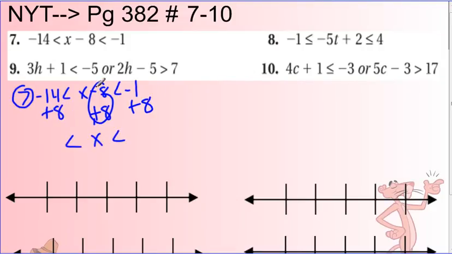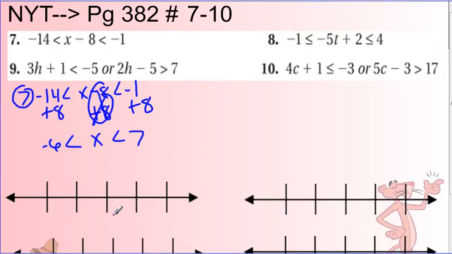So these canceled out in the middle. We have x is less than 7 on this side, and x is greater than negative 6. 6 and 8 and 14, yeah, that works. So we need to graph the numbers between negative 6 and 7.